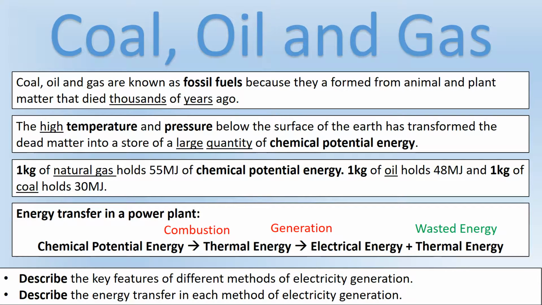And then that then spins a generator, which turns it into electrical energy, but we also get some wasted energy in the form of thermal energy. And in a power plant, there will be something like 30–40% of the input energy wasted as thermal energy to the surroundings there. We only get about 60% useful energy. So that's coal, oil, and gas, or fossil fuels.